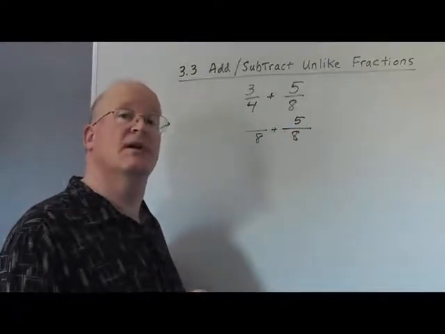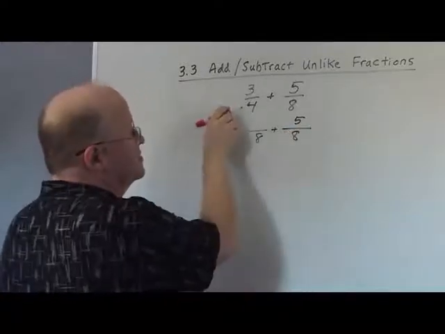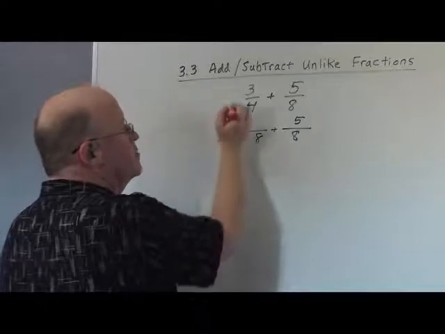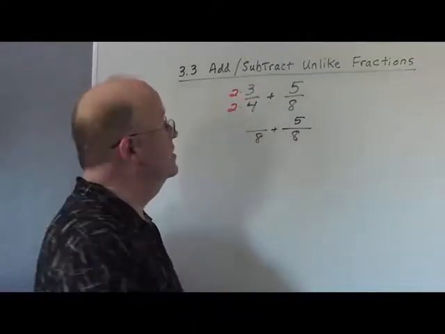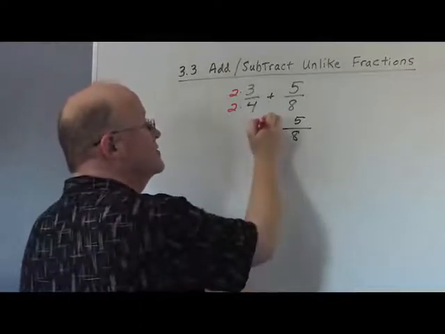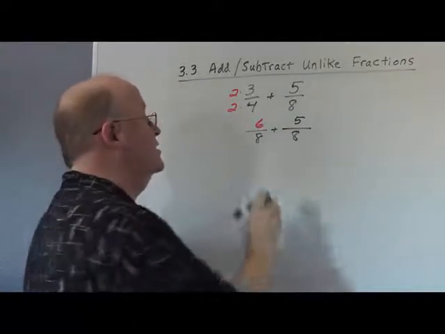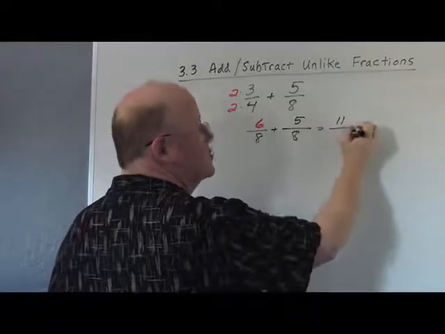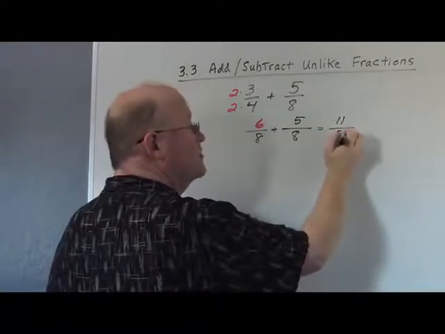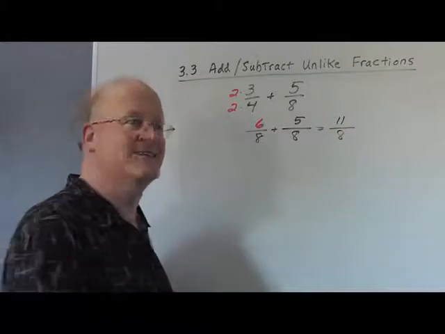We only need to change the first fraction. Now to go from 4 to 8 in the denominator, we're multiplying by 2 down in the denominator, so we'll multiply by 2 up in the numerator, and 2 times 3 gives us 6. Now we can add together. 6 plus 5 is equal to 11, and don't add and get 16, keep that over the common denominator 8.